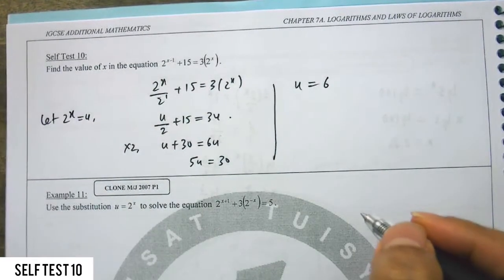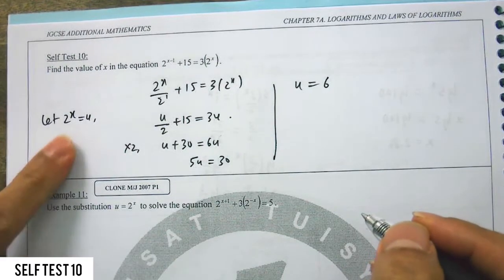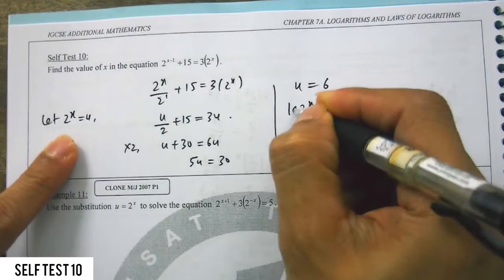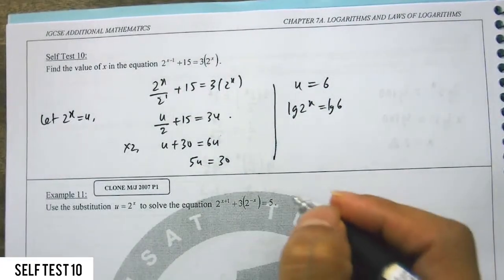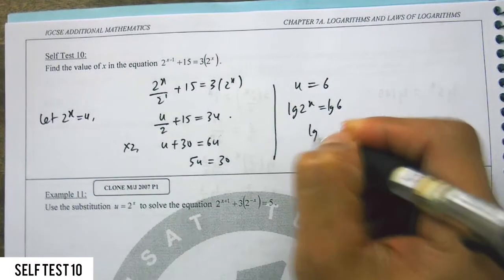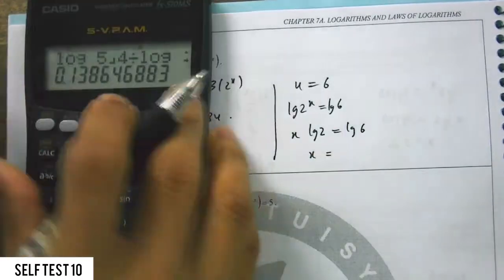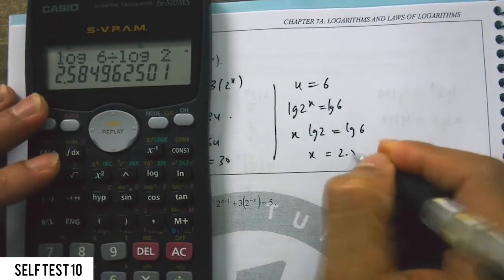But don't stop here. Why? What are we finding? You're finding for x. So we sub inside. Introducing log, you can use log or ln, but I think most of us are more familiar with log. So I bring the power down. Log 6 divided by log 2 is 2.58.